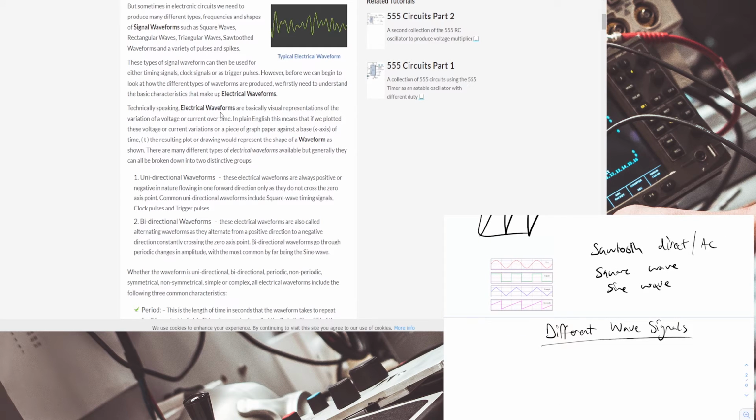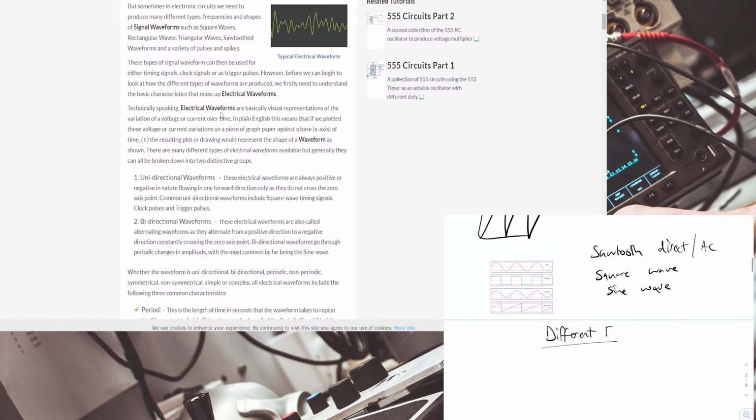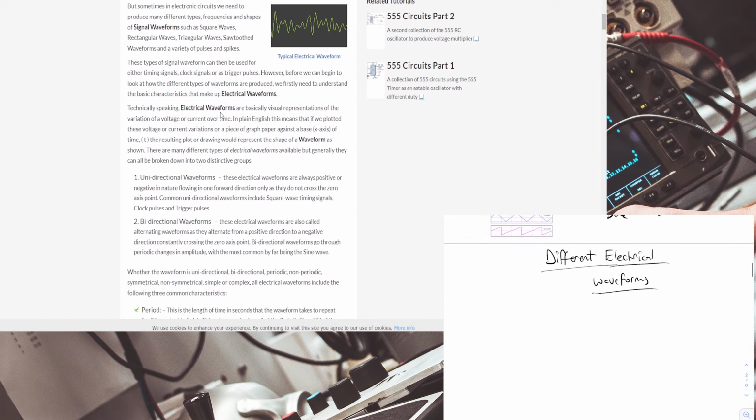Okay, let's call this different electrical waveforms. Different electrical waveforms. Okay. So a waveform is a visual representation of the variation of a voltage or current over time.